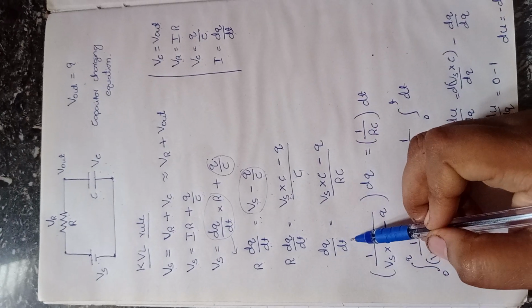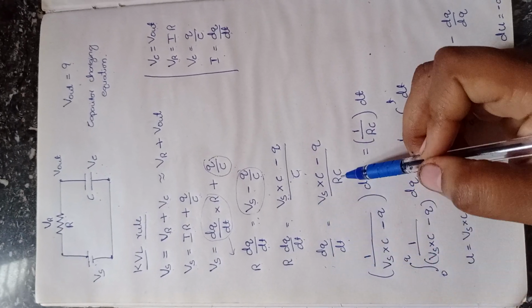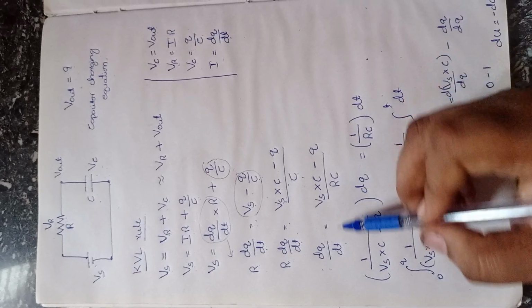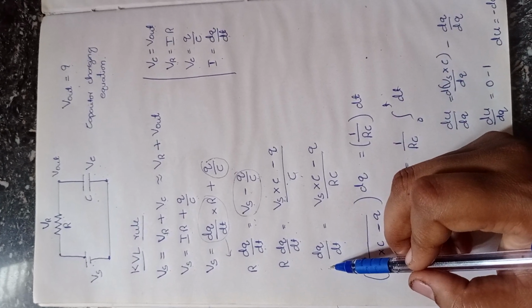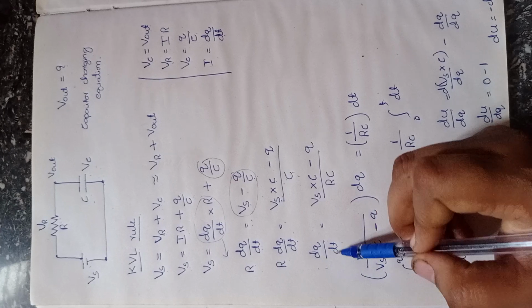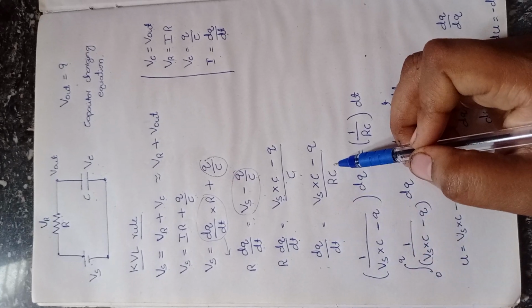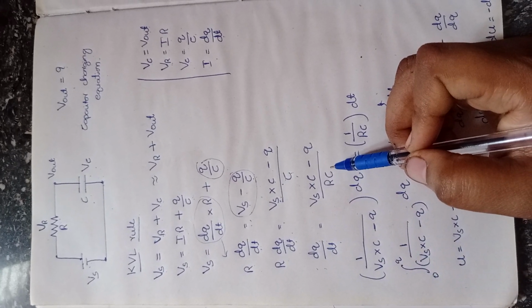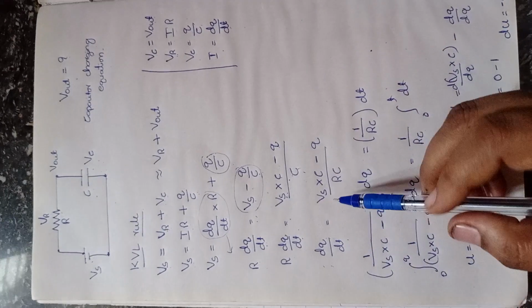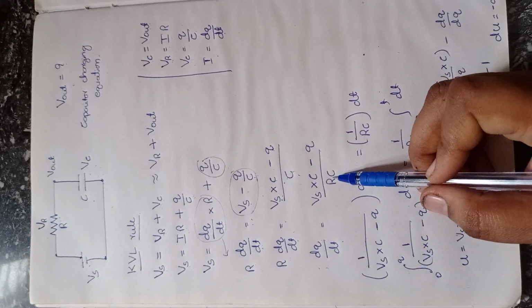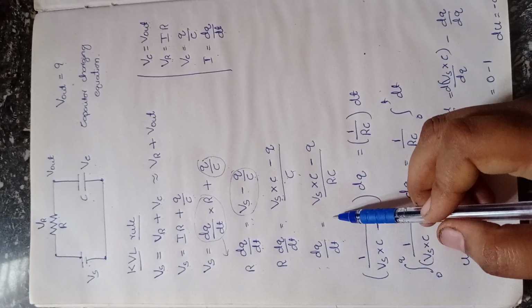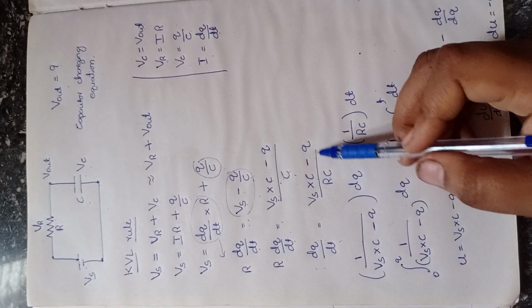So for dq by dt, I am taking this R into the right hand side. Here it is a multiple, so if I take it to the right side, it will become a divider. So R will come here. Finally dq by dt is equal to Vs into C minus Q by RC.